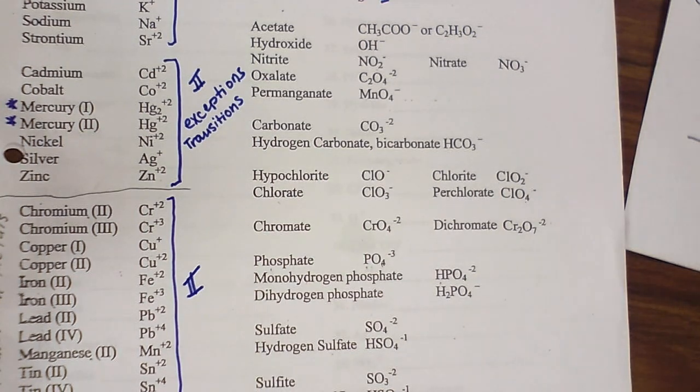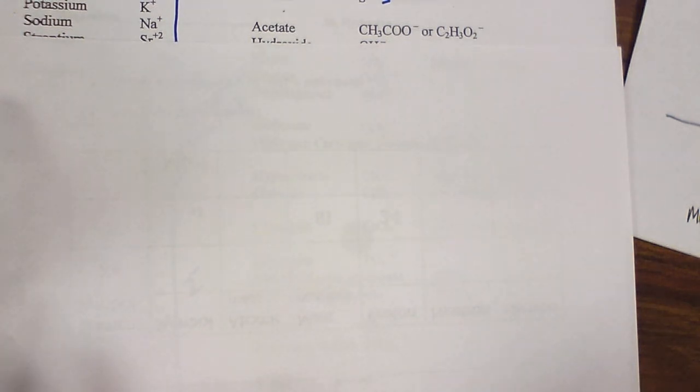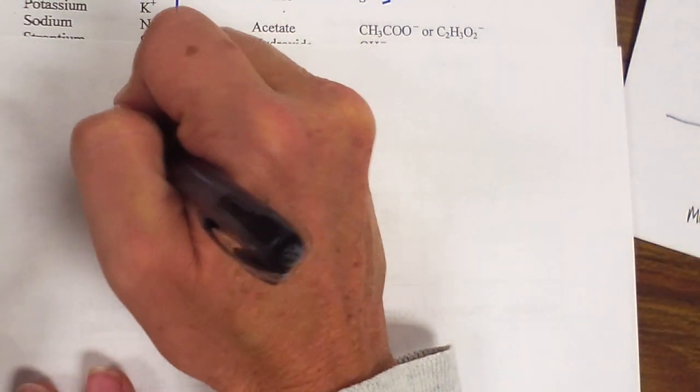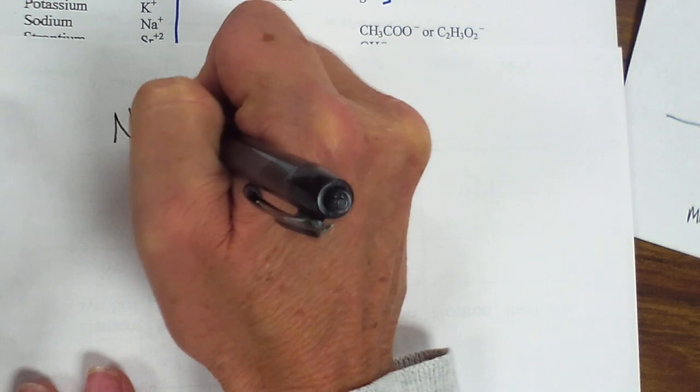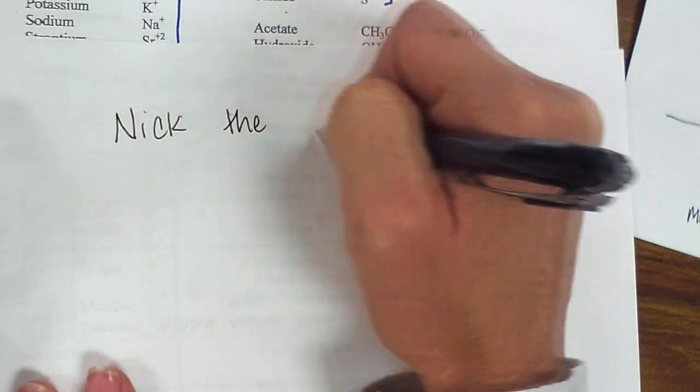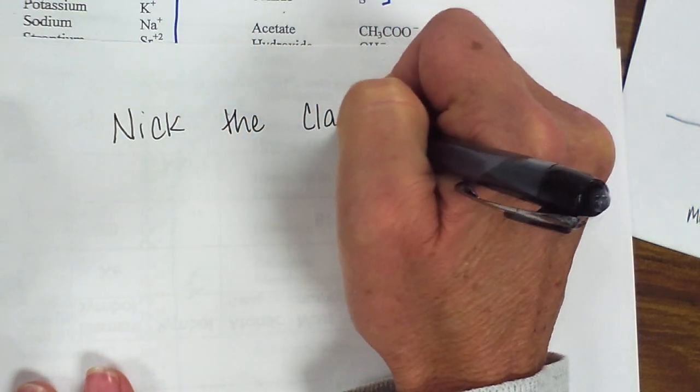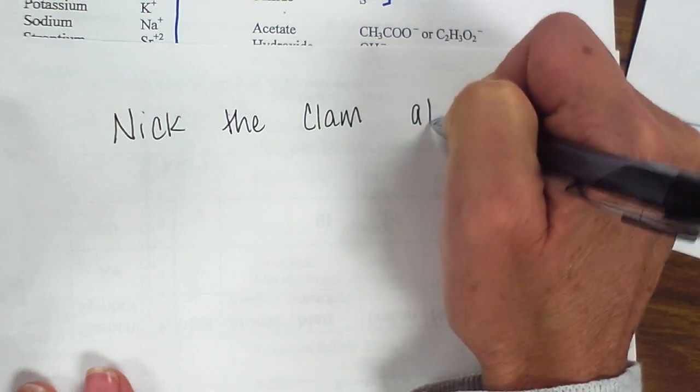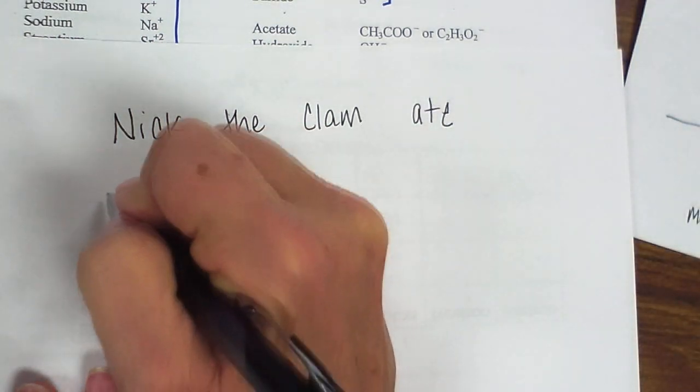Okay, now let me show you quickly the mnemonic device that my tutoring student showed me. All right, so here's the mnemonic device. You ready? Nick the clam, Nick the clam ate an inch.